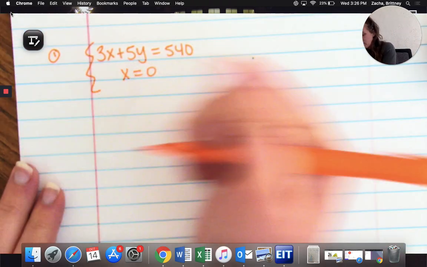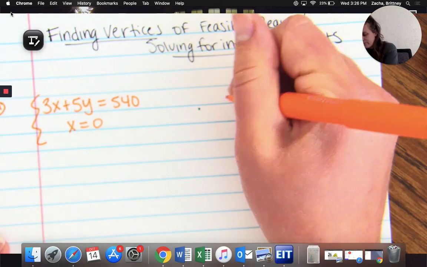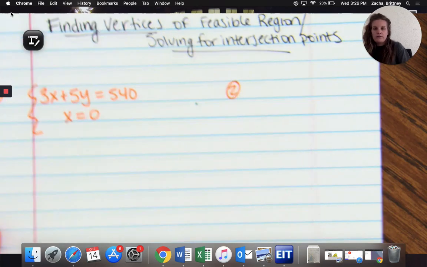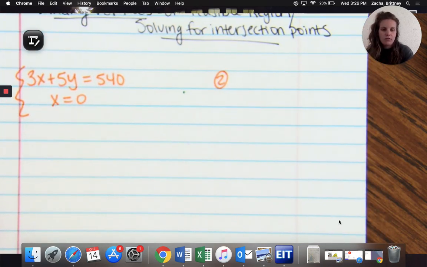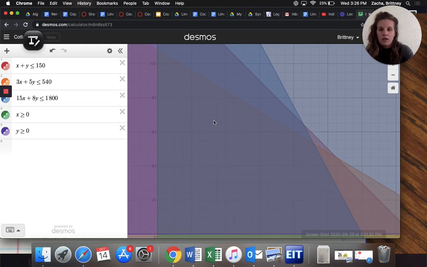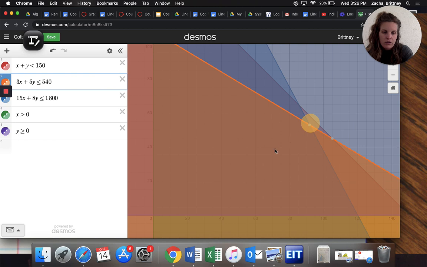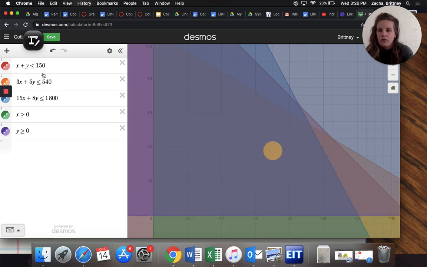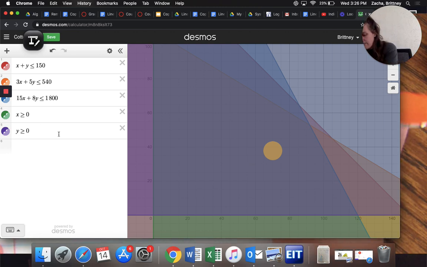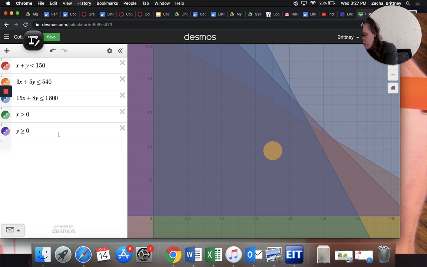Okay, so system 2, over here, represents vertex number 2. We'll just go around the polygon this way. So this one over here is orange intersecting blue, these two right here on top of each other. So 3x plus 5y equals 540.